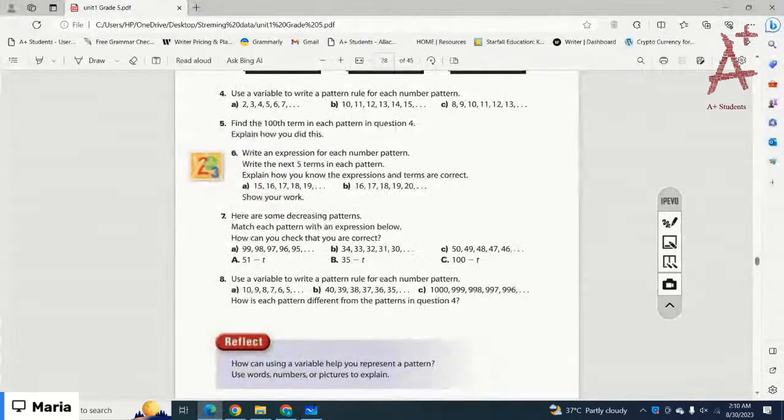So, write a pattern rule for each number pattern. You have to write a pattern rule.